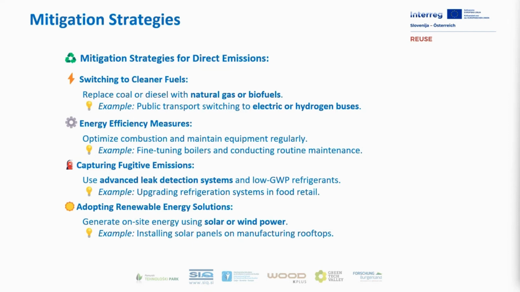So installing advanced leak detection systems and switching to low GWP refrigerants can help prevent these emissions. A good example would be food retailers upgrading their refrigerator systems to reduce leaks of HFCs.